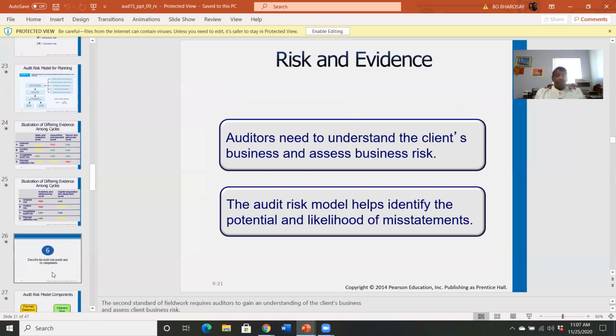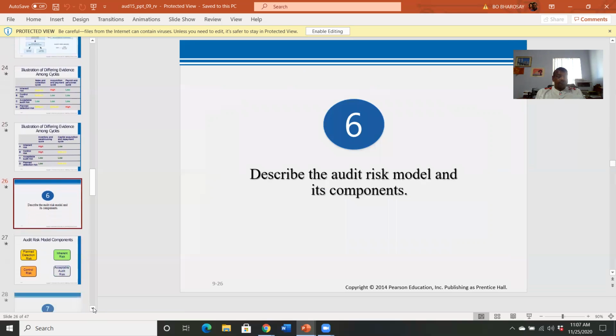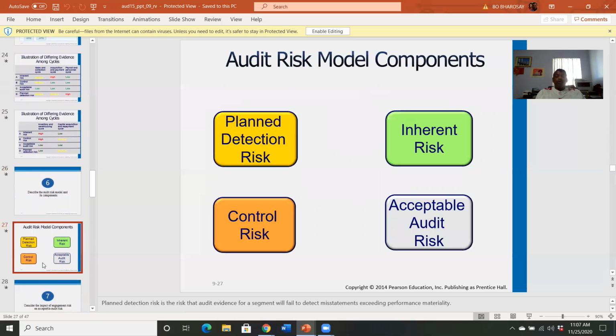If we go to item number 6, describe the audit risk model and its components. And we talk about these four types of risk. Detection risk: the risk that although we did a proper audit that complies with GAAS, we may not detect certain material misstatement.